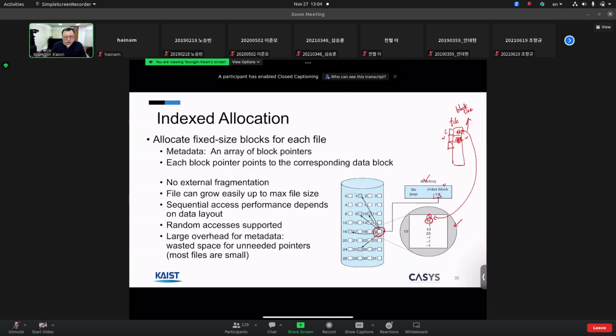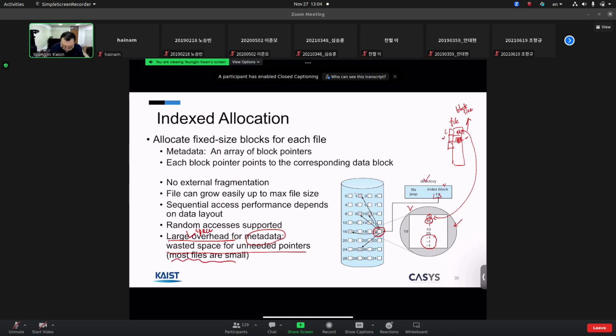However, the downside of index allocation is that you need an extra index block for every file. We can treat the index block as metadata, which requires large space overhead, wasting space on unneeded pointers, especially when file sizes are small.